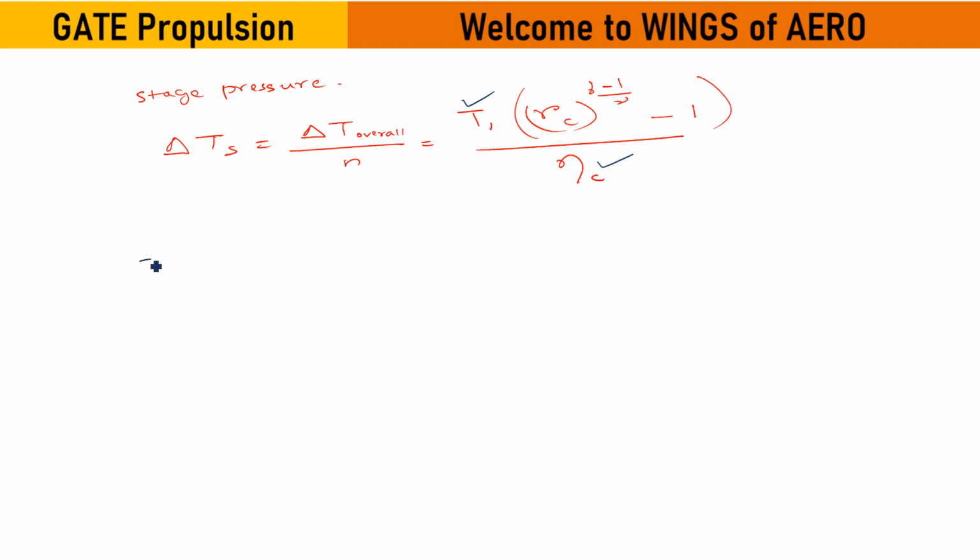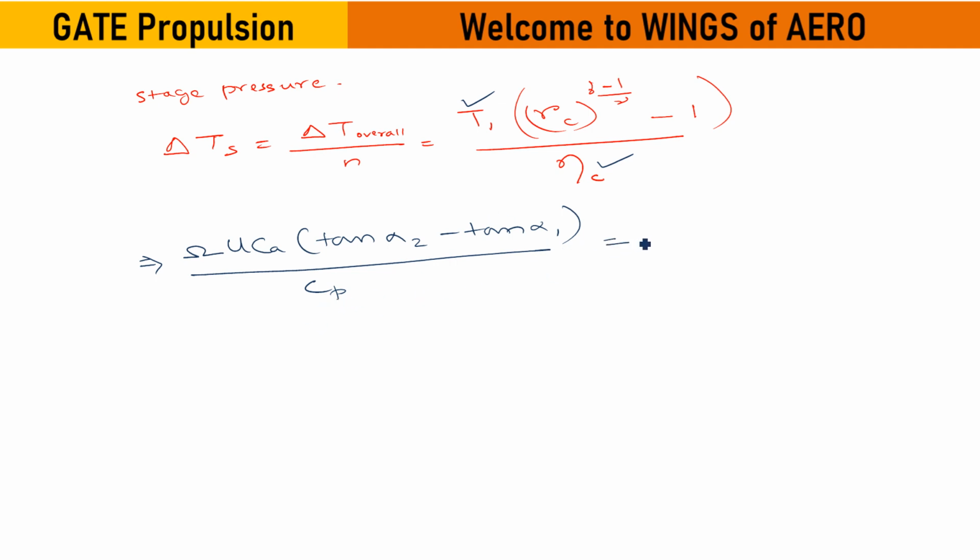There is another formula we have seen: omega U CA (tan alpha 2 minus tan alpha 1) by Cp, equals so and so formula. From there you can find out the value.